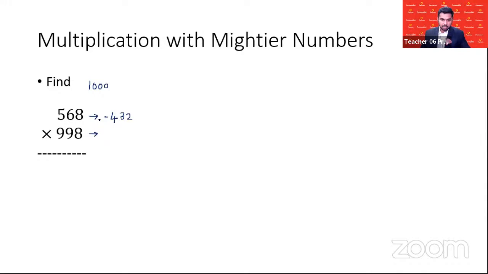And there is a negative sign because you are doing how much deficient is it from 1000. And of course, 998 is minus 2. Now, if you multiply this, you will get 864. And if you do cross addition, which is 568 minus 2, you are going to get 566.